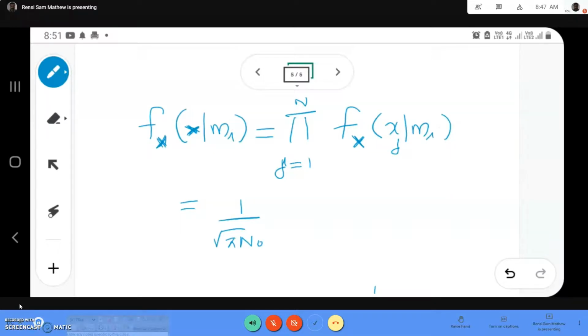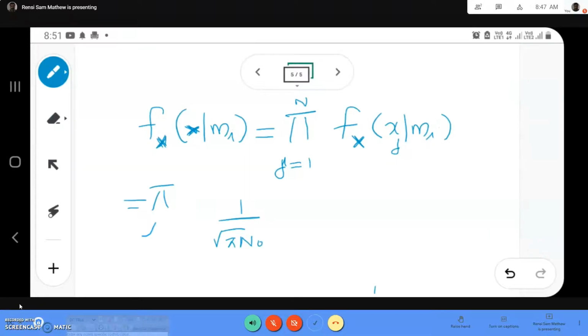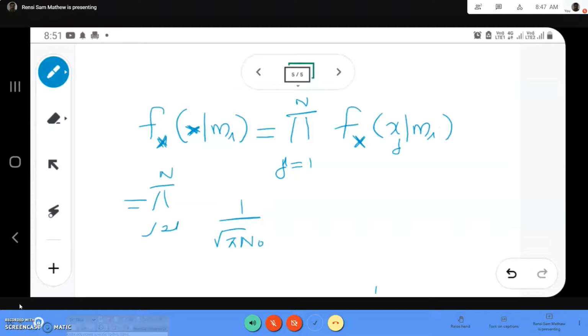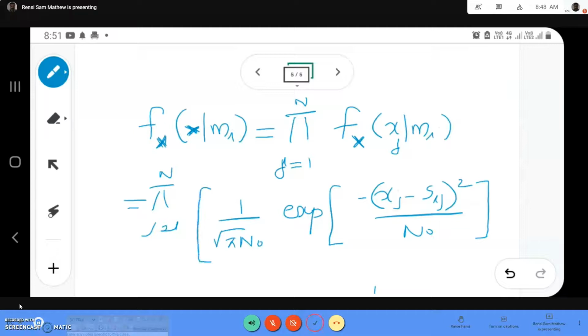So I can write the product over j equal to 1 to n of 1 by square root of pi n0 times exponential of minus (xj minus sij) the whole square by n0. I should take the product of these terms for j equal to 1, j equal to 2, j equal to 3, etc. up to n.